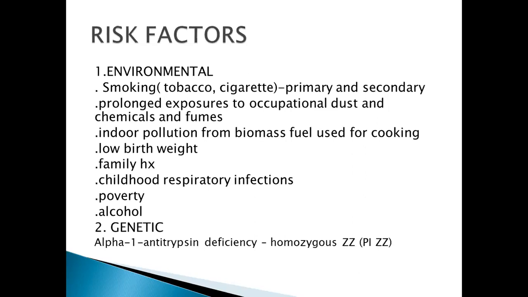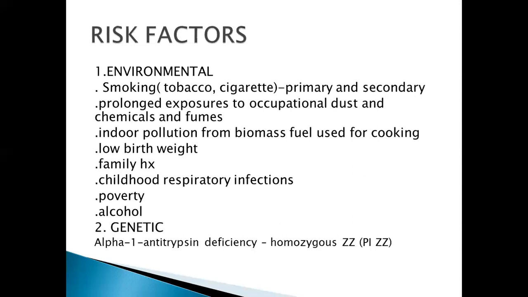And so when you look at my presentation, I've written homozygote ZZ. So the PI ZZ, what it means is that the serine proteinase, also called the serpina-1 proteinase, usually has different types of alleles.